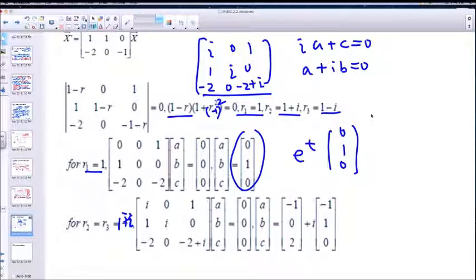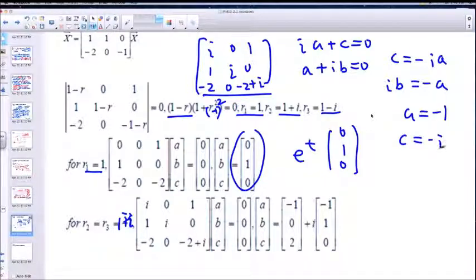Take advantage of the free variable. I let C equal negative iA, then Bi equals negative A. I let A equal negative 1. Then my C is going to be negative i, and B is going to be negative 1, negative i.